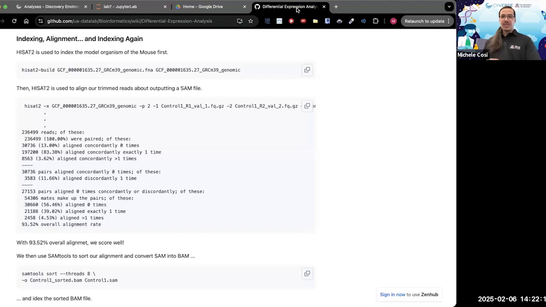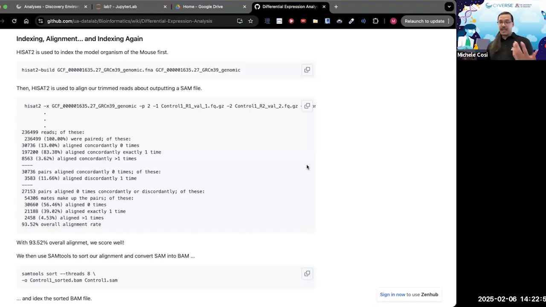I did receive a question from one of the folks that attended last week's seminar regarding, hey, when I run the alignment with HISAT2, I get different answers in my alignment depending on how many cores I use in order to align my reads.